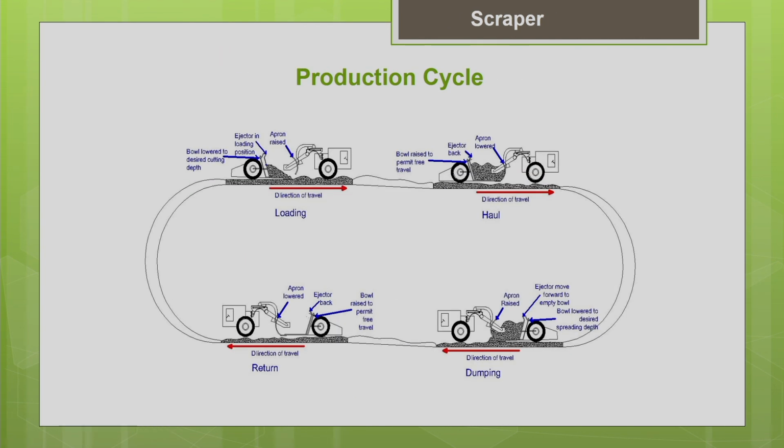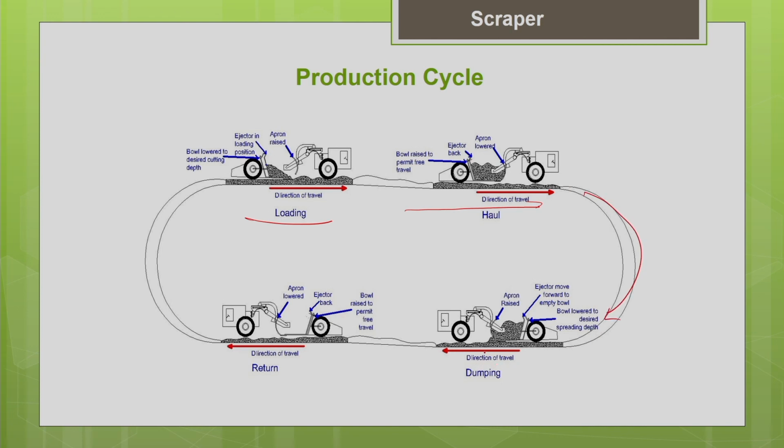Now let us see what are all the components of the production cycle of a scraper. The scraper has to first do the loading operation, cut the earth and fill the bowl. Once the bowl is completely filled, you will raise the bowl and haul the material till it reaches the dumping site. In this picture it is shown turning first, then dumping.